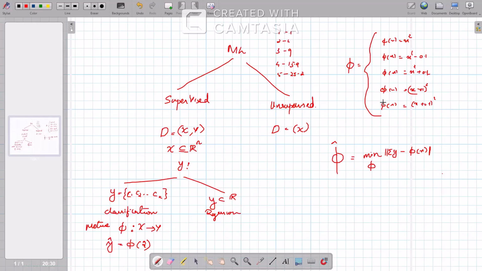These are all different possibilities, right? So it can be considered as a set, the set of all functions apt for phi. And which one can I choose? While choosing phi, we have to minimize this quantity. For each particular phi, you will get a different value for sigma y minus phi of x, right?